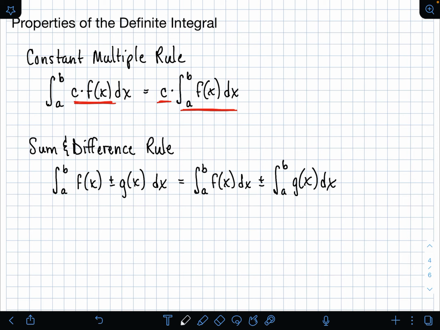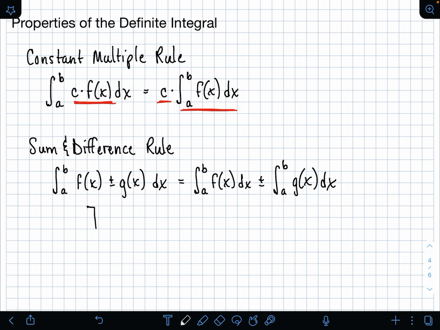In the case of the addition here, what we're basically getting is the output values of each function added together, which is the same as taking one rectangle whose height is defined by f and another rectangle whose height is defined by g, and instead of finding them separately, stacking them on top of each other.